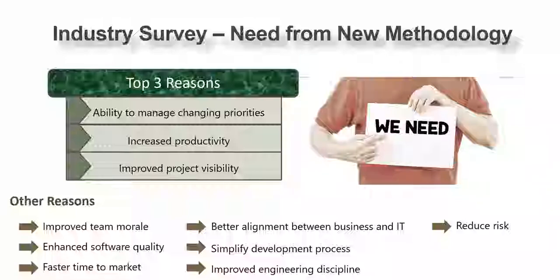And that is where agile has gained prominence in the last 10 years, and industry has actually recognized this is the methodology, or this is the way to go, to address the current challenges that they have in their organization. And thus we see large organizations like Salesforce, SAP, cloud computing, all of them moving towards agile methodology.